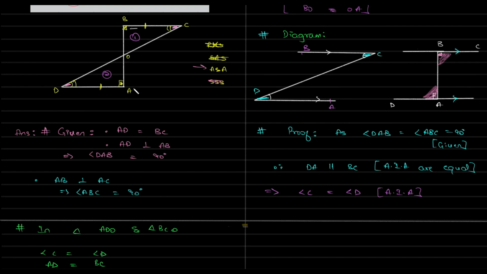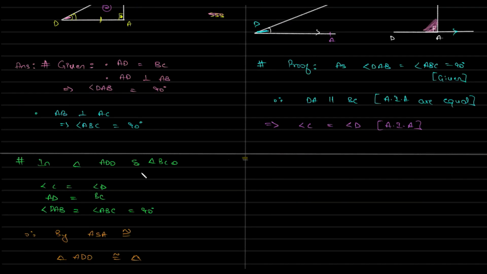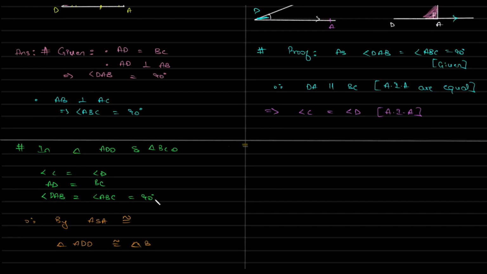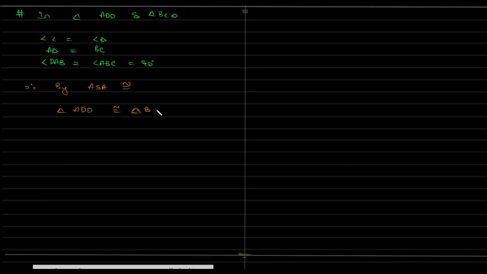The corresponding vertex of A is B, D corresponds to C, and O is O. So in place of D it should be C, and O is O. Then we'll write, therefore by CPCT, DO is equal to OC.